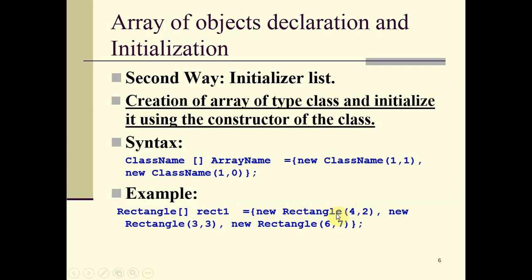This is for object number 1, separated by a comma, then new Rectangle(3, ...), comma, new Rectangle(6, 7). So now we have 3 objects in the array with that data. This is another way to create an array and at the same time initialize it, giving the initial values.